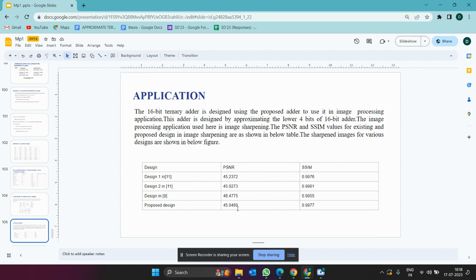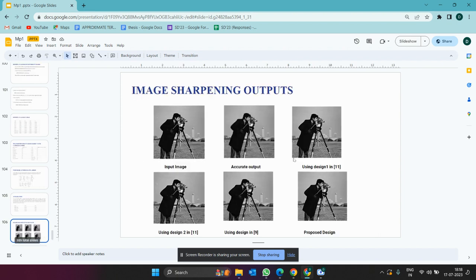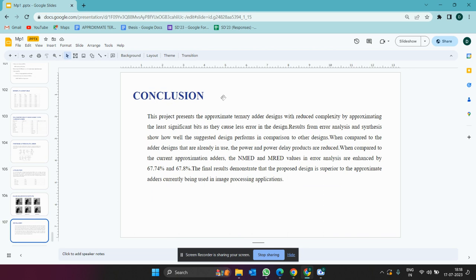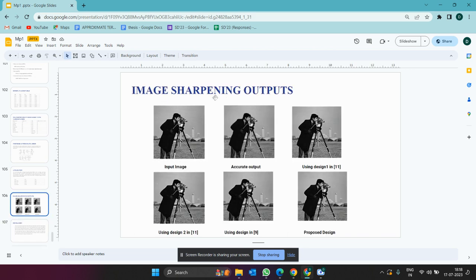The image processing applications are like sharpening, so you can see the different images. This is the input image, this is the accurate design's output, this is by the existing designs, and this is by the proposed design. This is the output of our proposed design.